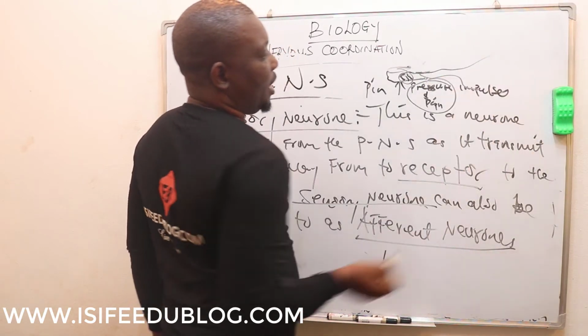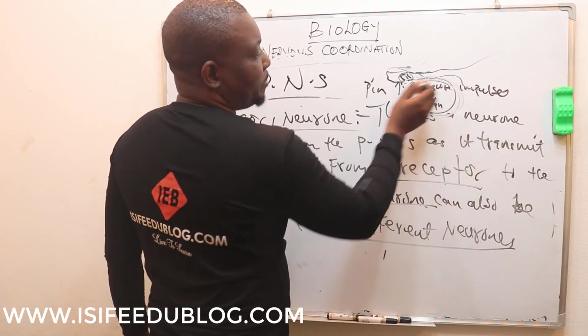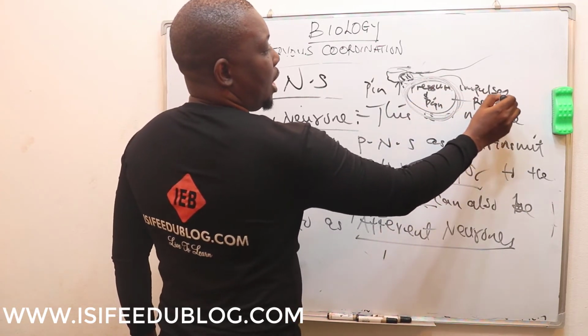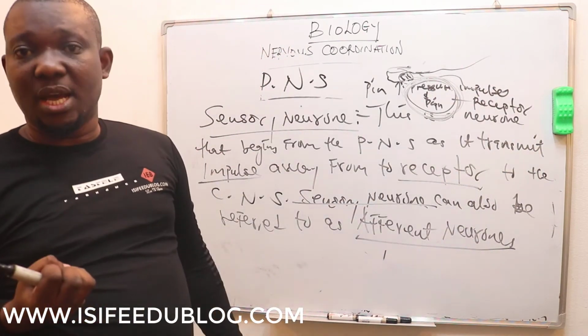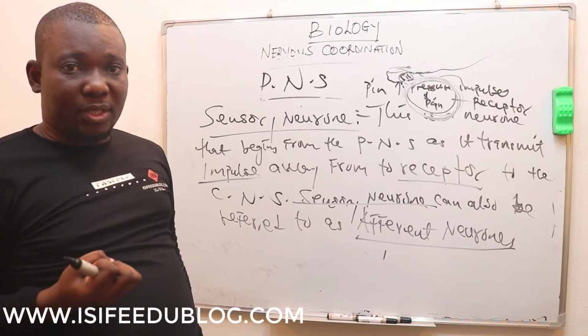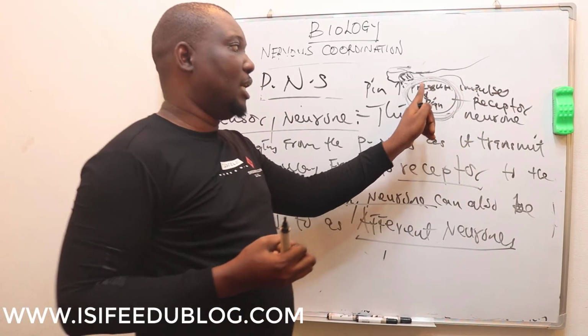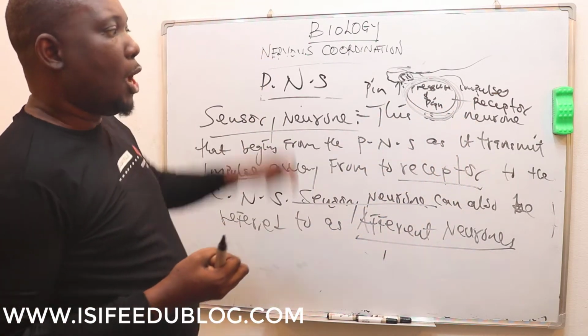It moves away. So this particular region where the pressure is felt is what is called what? Receptor. We call it a receptor because this is the part that receives the impulse. And this impulse is received in the form of what? Not as pain, not as pressure, but in the form of impulse.